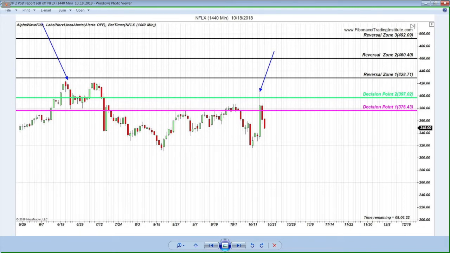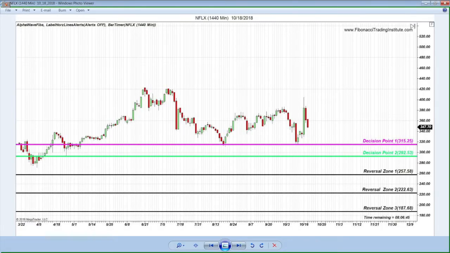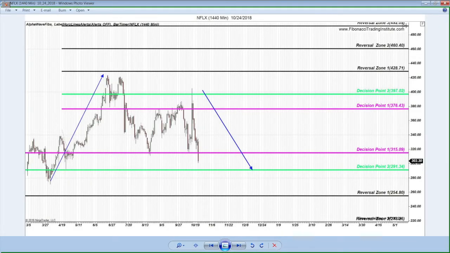Why in the world is Netflix crushing? 2018 Netflix crashed from 420 area all the way to, take a look, my goodness, 315. Only thing that held off the sell-off, 315, 2018. What do you see ahead of you? 257, 220 level, correct? Stunning earnings don't mean a thing. Netflix keeps selling off lower and lower.